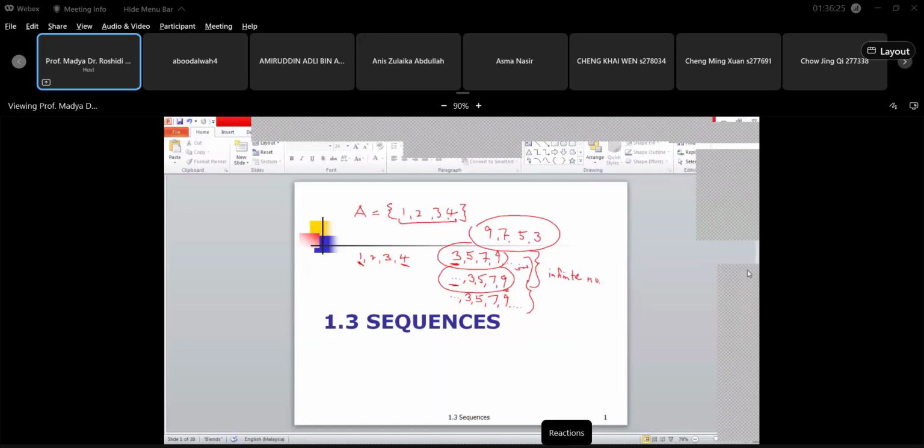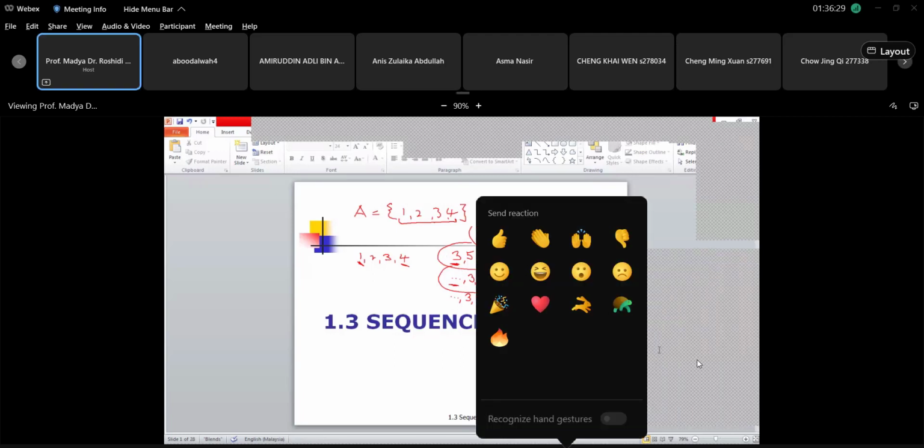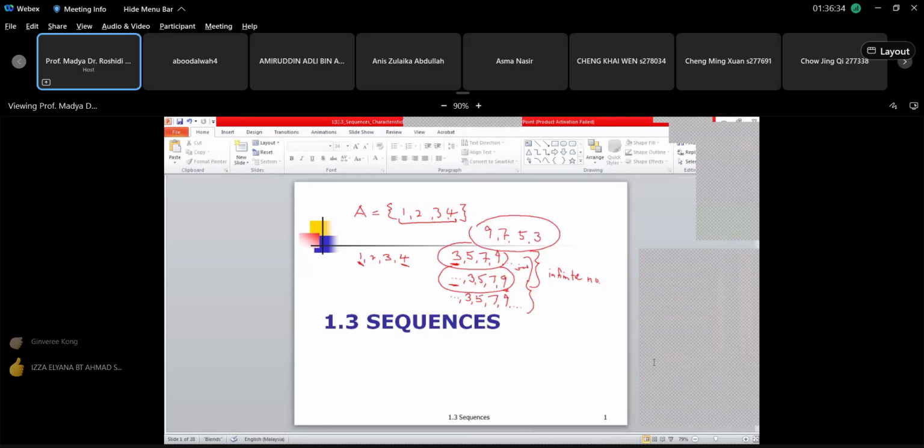Okay, that's it for today for 1.3. Class, anything? So far okay? In summary, there are 3 things you have learned in 1.3 sequential. First, what a sequence is, through explicit formula and recursive formula. Second, how we represent the number, the letter, the word, and the sentence.